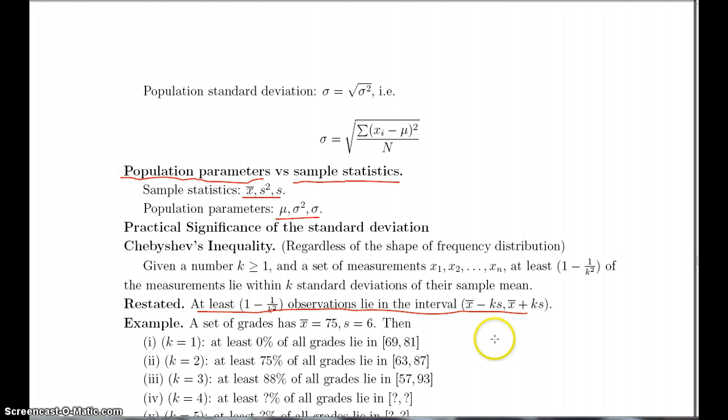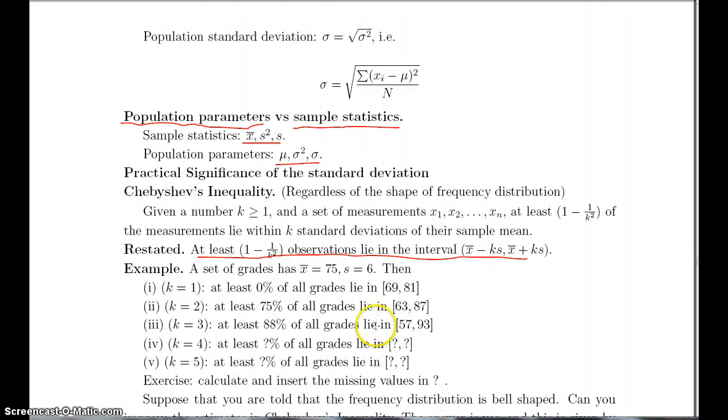So if I have a sample or a population where I know the mean is 75 and the standard deviation is 6, then I can use this interval here. If k equals 1, which means within one standard deviation, 1 minus 1 over k squared would be 0.